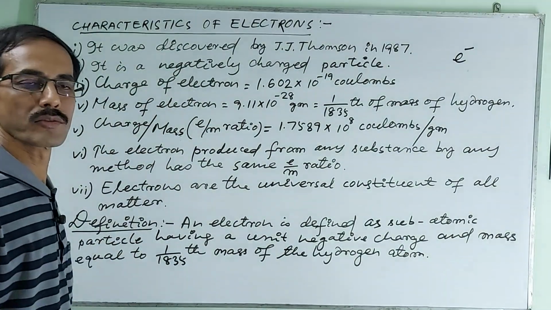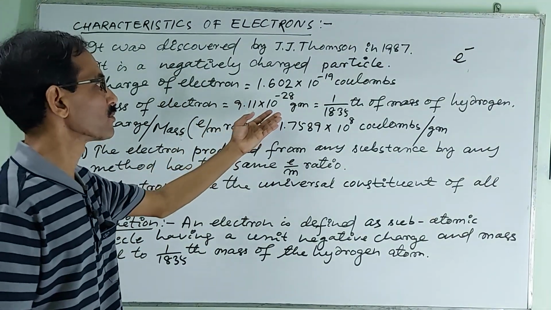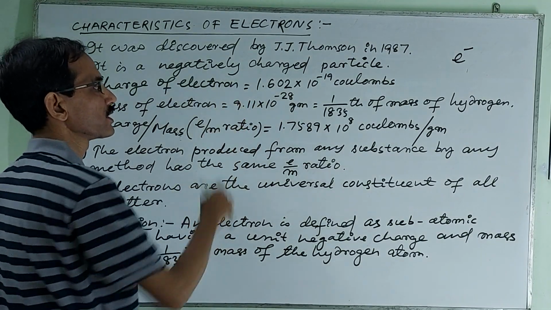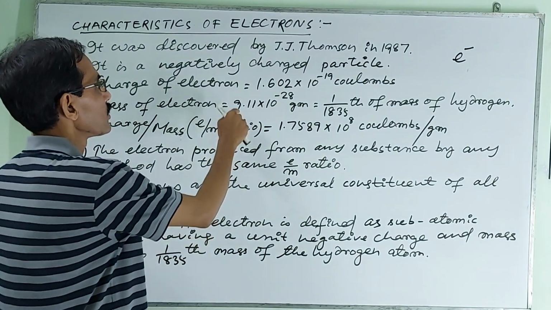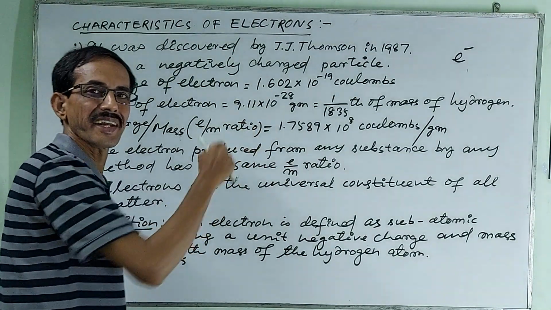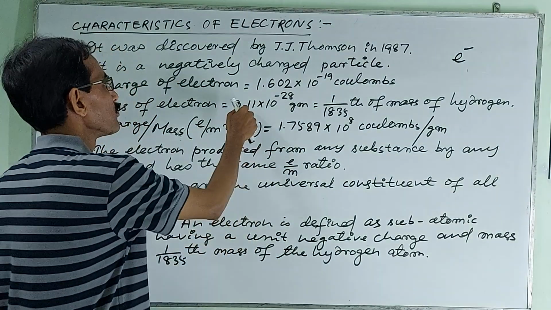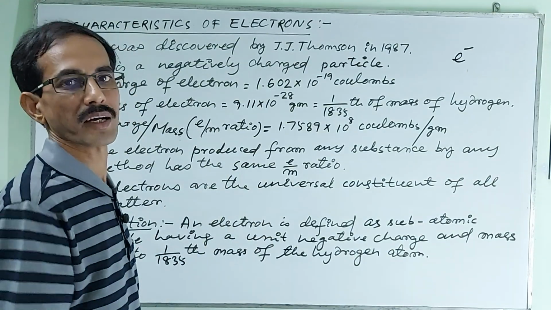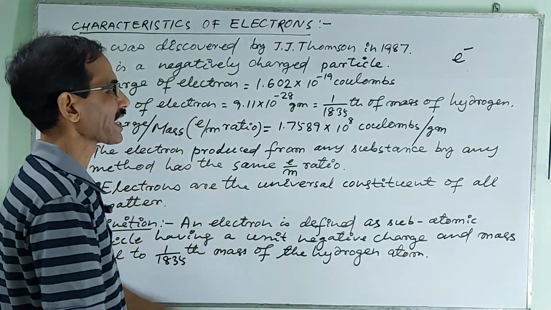Mass of electron, in terms of gram, equals 9.11 into 10 to the power minus 28. What do you mean by this? 9.11 divided by 1 having 28 zeros. You can imagine how an electron has negligible mass. That mass is very, very negligible.